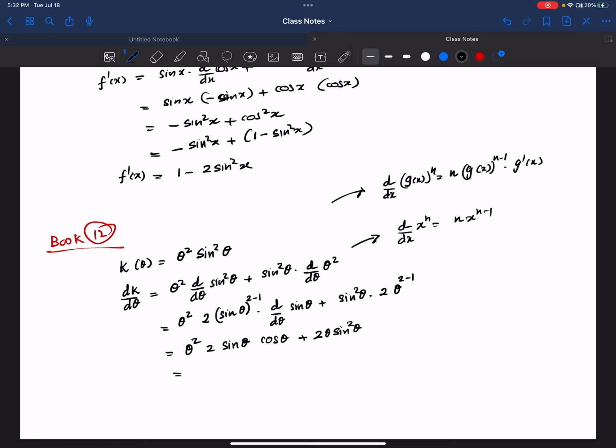And we have 2, you can take 2 theta sine theta out as a common factor. So then you have theta cosine theta plus sine theta.